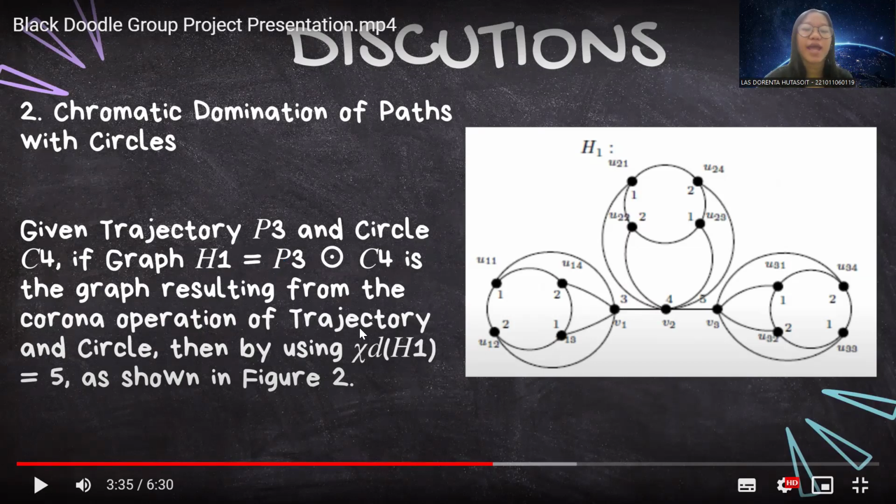Then by using χD, χD(H1) equals 5 as shown in figure 2. And this is figure 2, chromatic domination of path with circle.